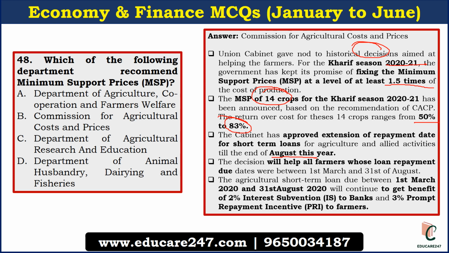So basically if anyone takes a loan during this period, they can get 2% interest subvention, and they will get 3% subvention if they pay the EMI on time. So this number is very important. They are getting 2% interest subvention, and if they promptly pay their EMI on time, they will get 3% interest subvention. So remember this important point. It can be asked in the examination.